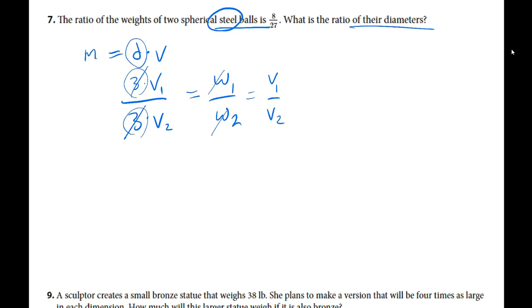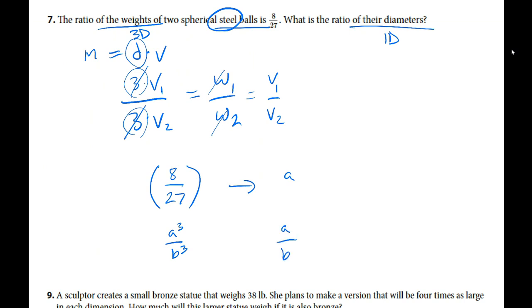So again, we're going from a 3D volume weight to a 1D length diameter. So all we need to do is start with our 8 over 27, which we know is our 3D a cubed over b cubed, and we want to go to a over b, and so what we do is we go to the cube root of 8 over 27, and so a over b is 2/3, okay, because 8 is 2 to the third, and 27 is 3 to the third.